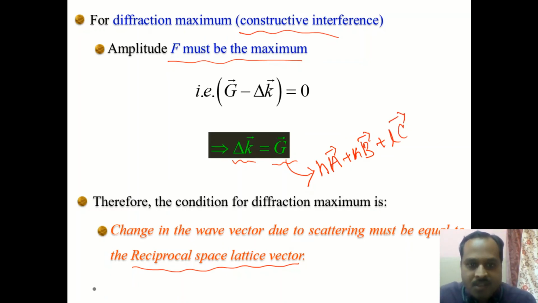So this is the basic condition for diffraction maximum to take place. That means the change in the wave vector due to scattering must be equal to the reciprocal space lattice vector.